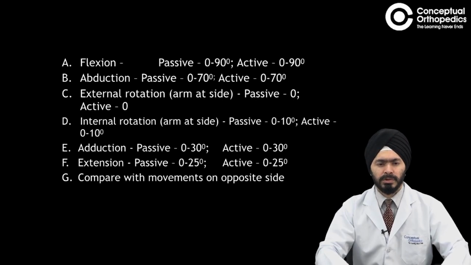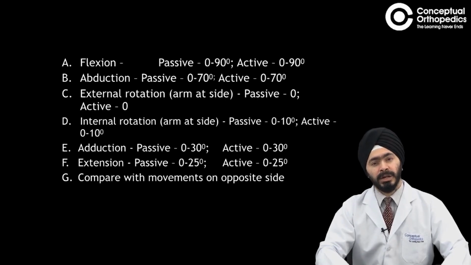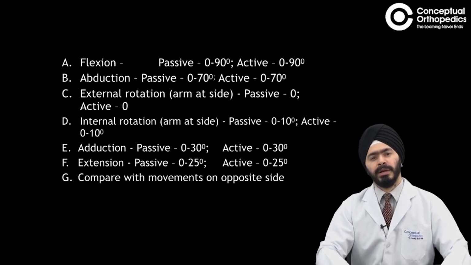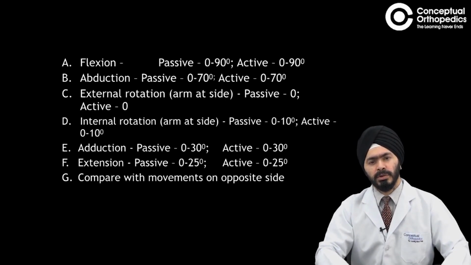Yes, there will be loss of sagittal and coronal plane movements also, but still these movements of flexion and abduction are still present. Like you can say the patient may have about 90 to 100 degrees of forward flexion, about 70 to 90 degrees of abduction, but external rotation with the arm at the side would be absolutely zero.